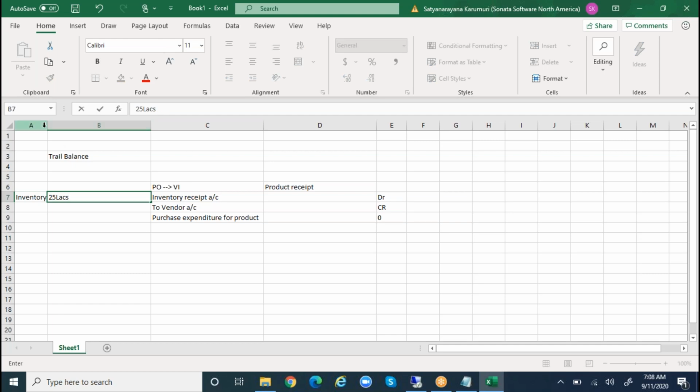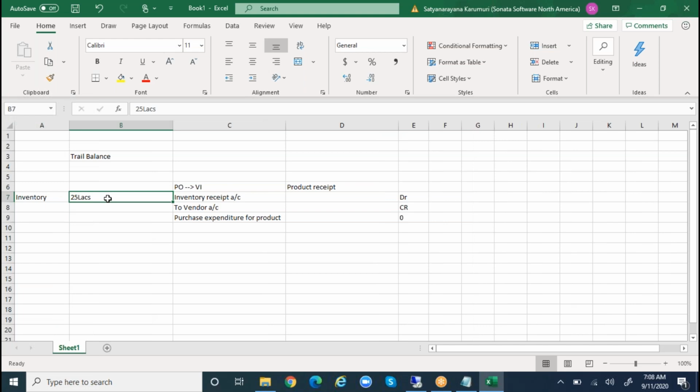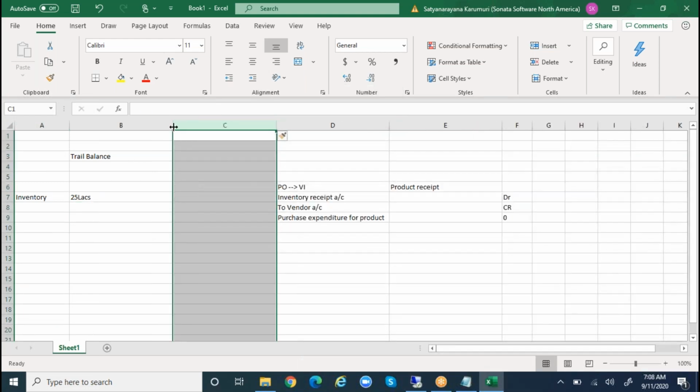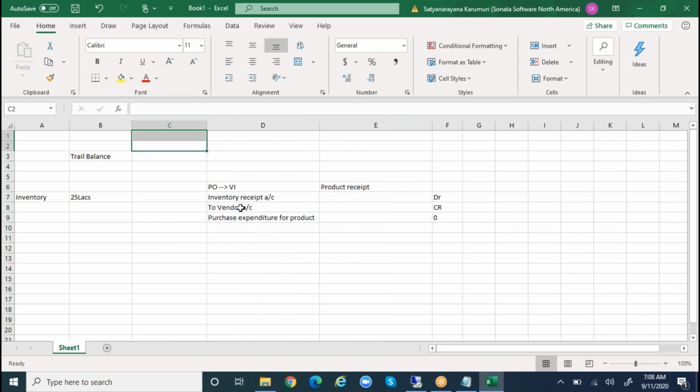Any person who has been working with the same company for many years can understand roughly what the inventory value is at a glance. It is not required to calculate one by one. If they go through the entire warehouse, they can understand it is roughly 25 lakhs. But in the trial balance it is showing 25 lakhs.